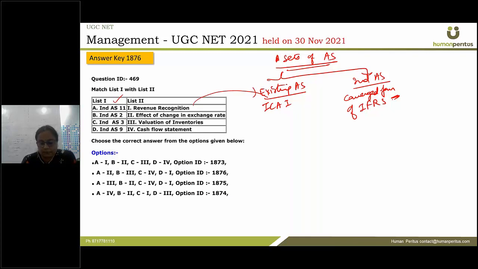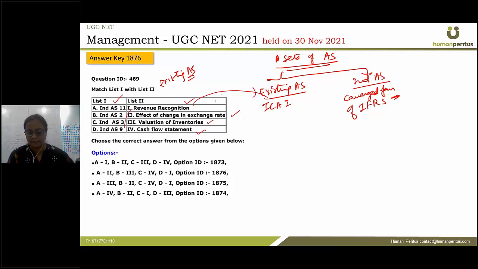Okay, so UGC NET has given a combination of these two. Okay, so if we go by existing AS numbers, AS 11 is on effect of change in exchange rate, AS 2 is on valuation of inventories, AS 3 is on cash flow statement, and AS 9 is on revenue recognition.